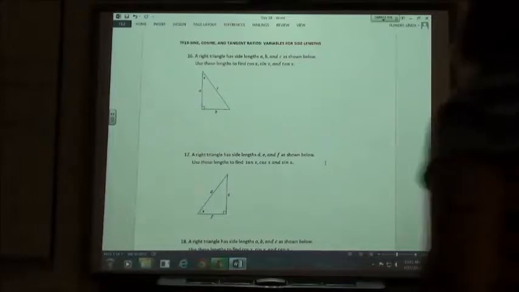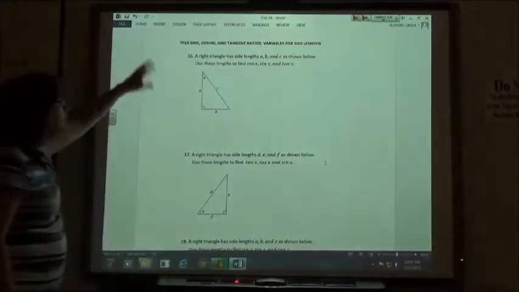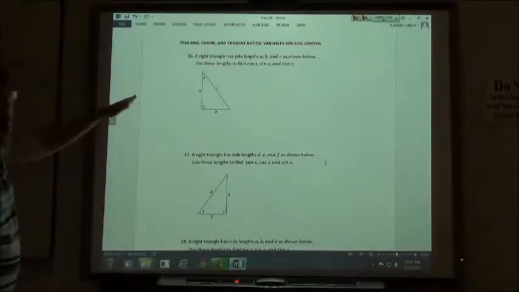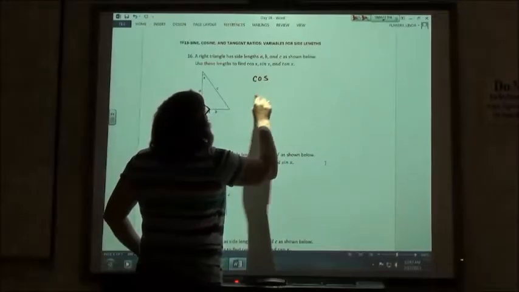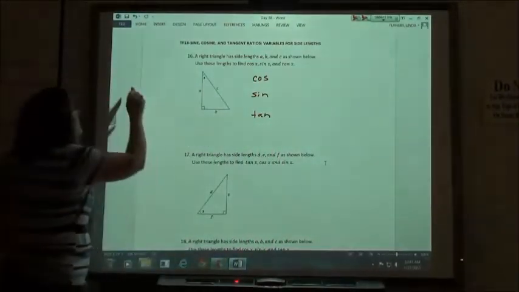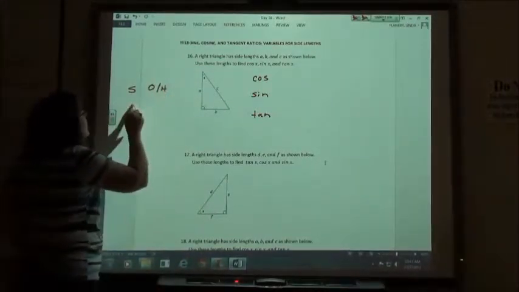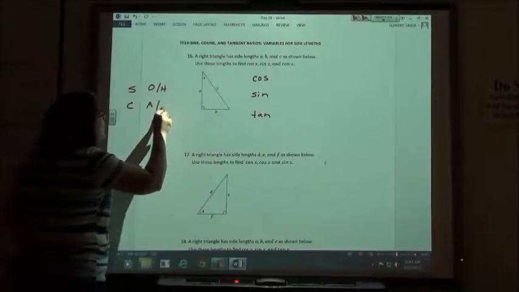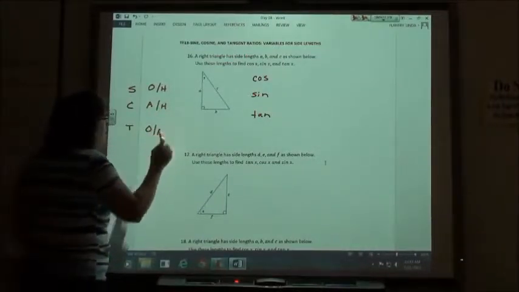Numbers 16, 17, 18, basically doing the exact same thing we did on the previous problems, but this time they're going to use variables instead of numbers. So we want to do the cosine, the sine, and the tangent. We said that sine was opposite over hypotenuse, cosine is adjacent over hypotenuse, and tangent is opposite over adjacent.